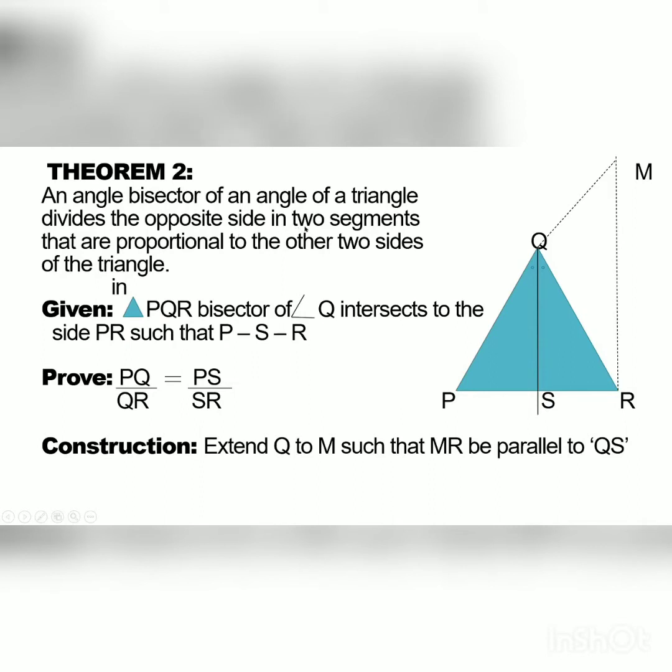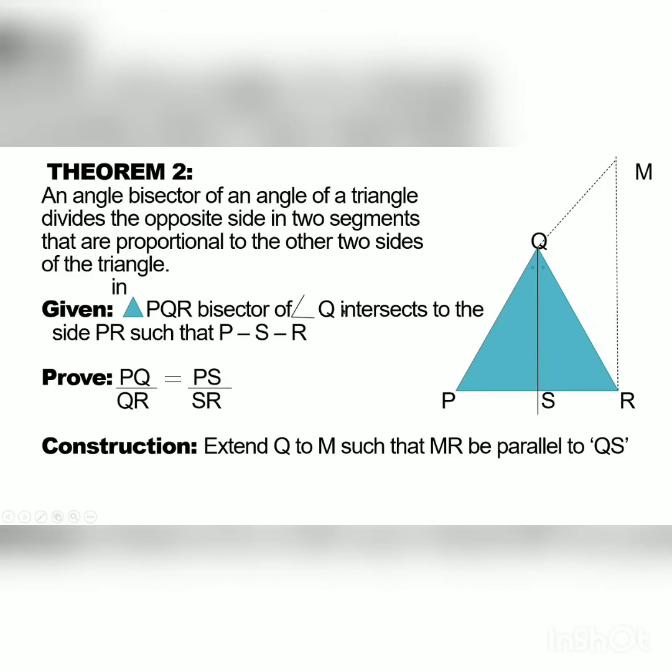The ratio of these two segments is equal to the ratio of the remaining two sides of the given triangle.